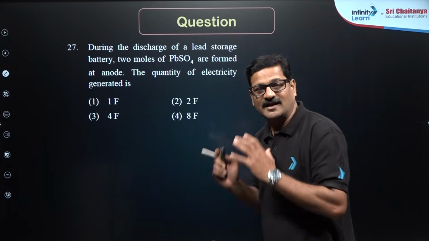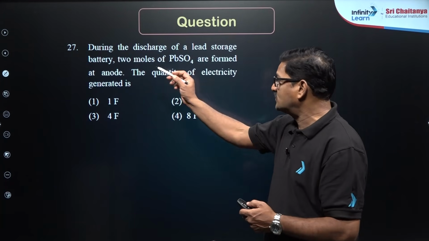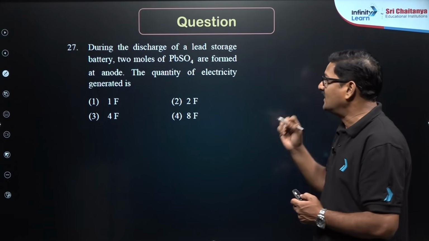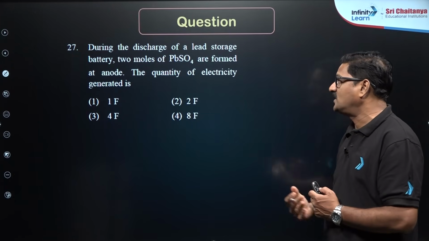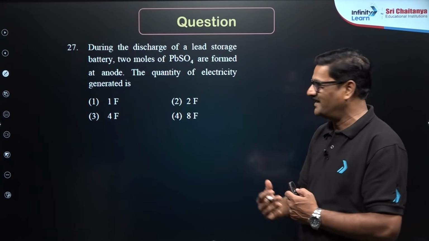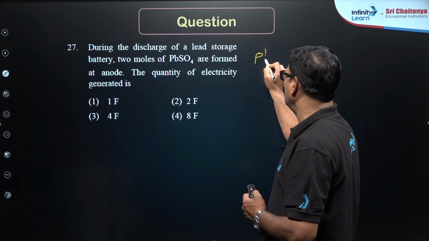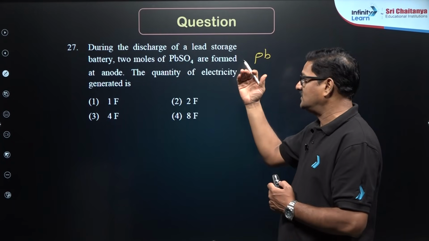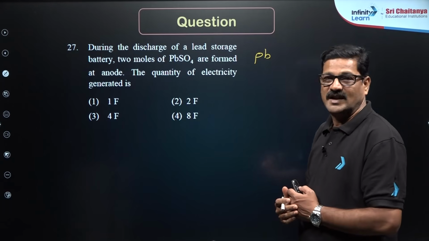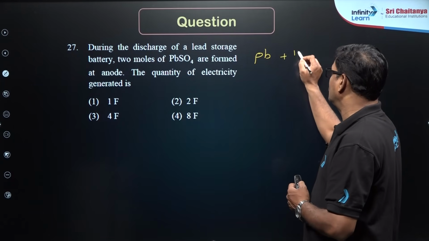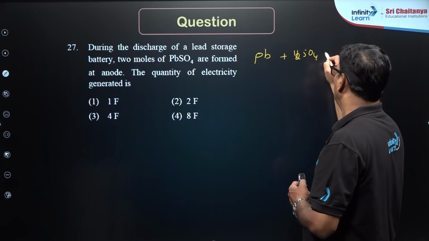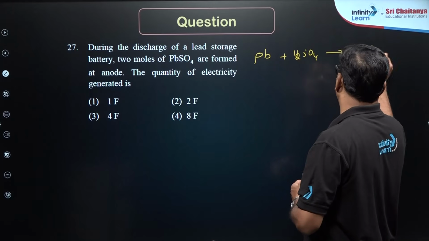Here it is an electrochemistry question. It is asking about the discharge of a lead storage battery, where 2 moles of PbSO4 are formed. So, during discharge of the lead acid battery, you are going to see the formation of PbSO4.